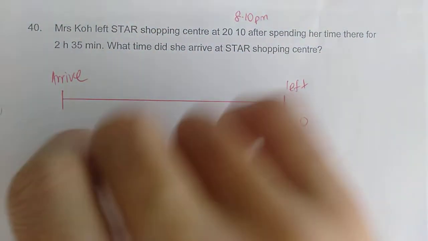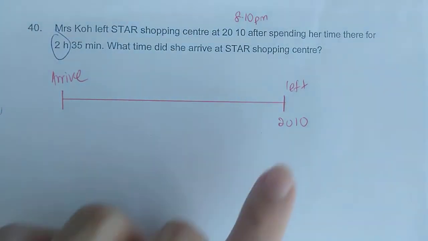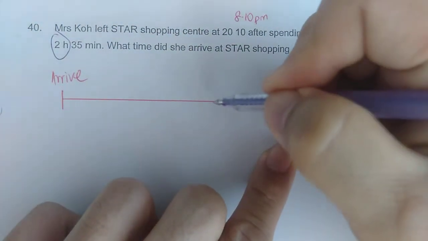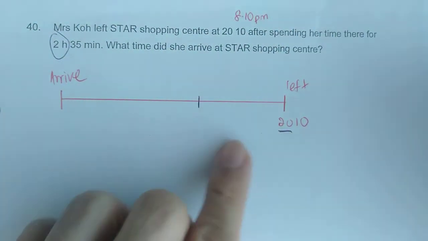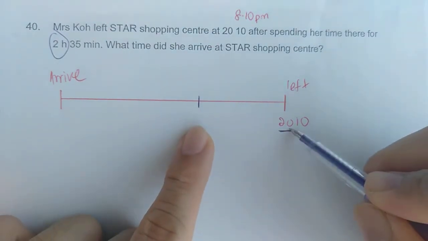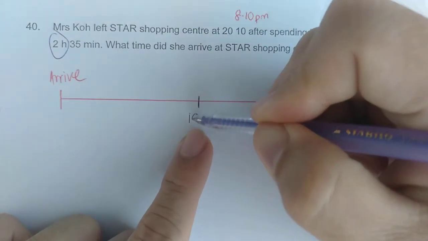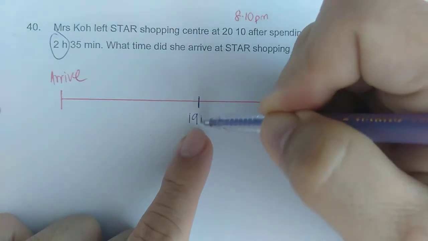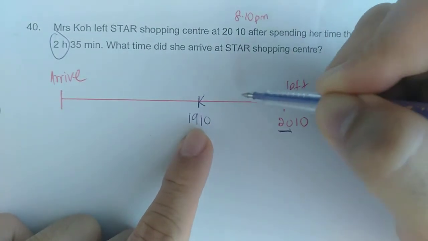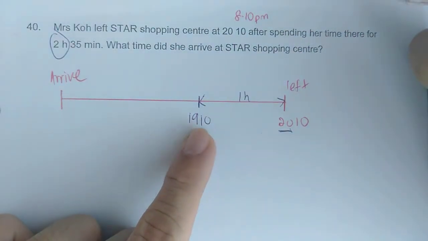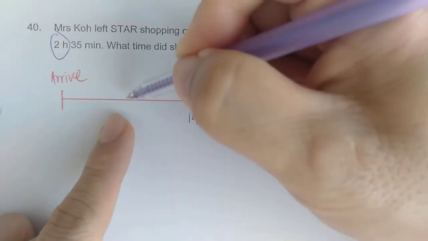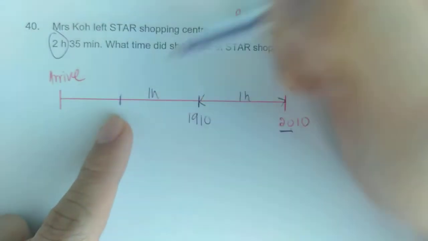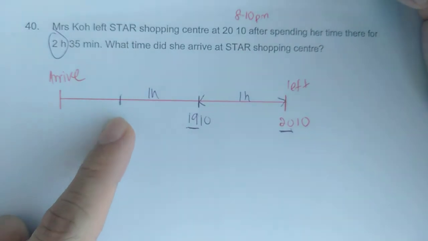So let's go back by 2 hours. Simple, right? If we go back by 1 hour, what's the number before 20? 19, right? How about 10? Keep the same. So this part is your 1 hour. Go back by 1 more hour. If this is 19, what number comes before 19?